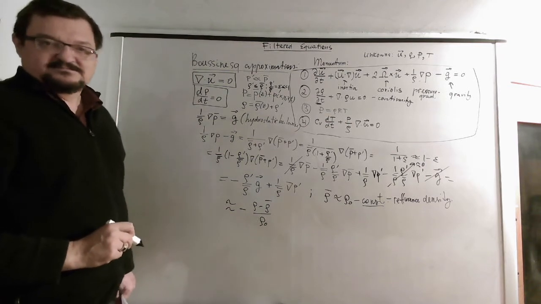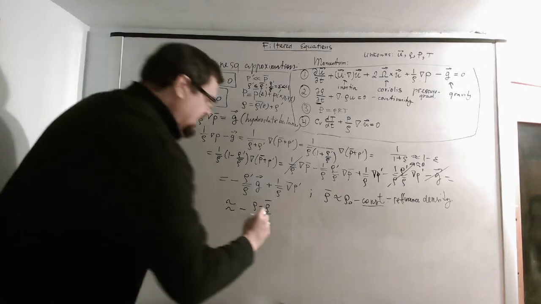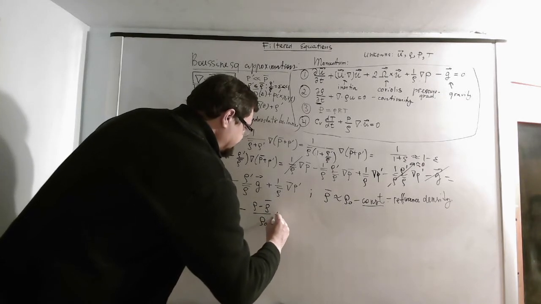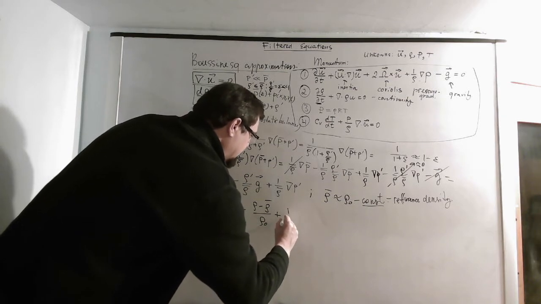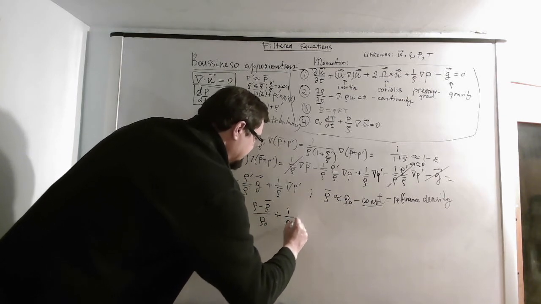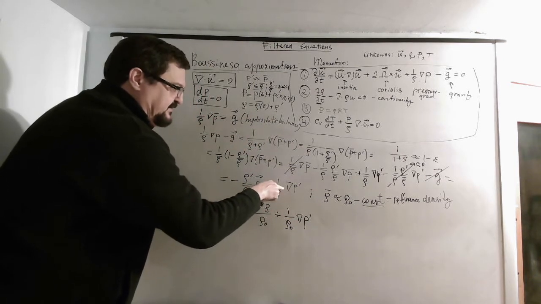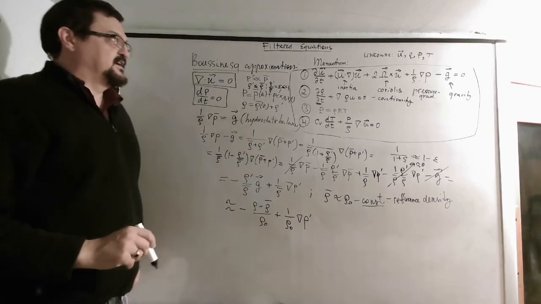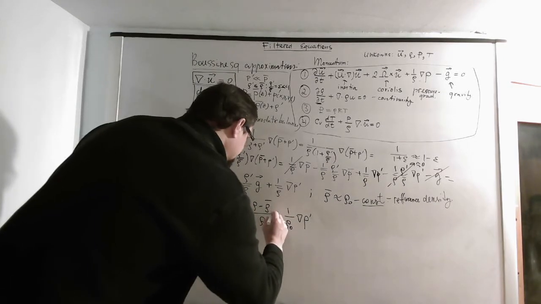That's fine. It's not really going to change anything much. Plus 1 over rho naught, and here we do the same thing, replacing division by rho bar with division by rho naught. And this is times g.